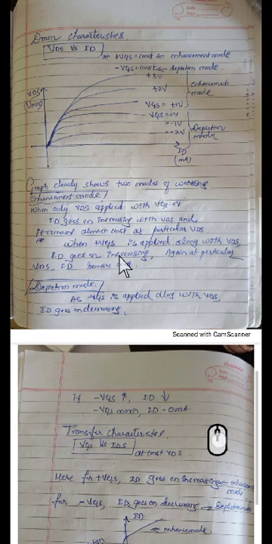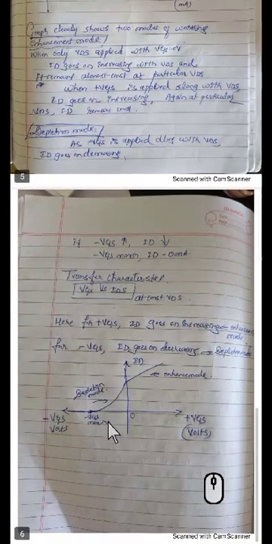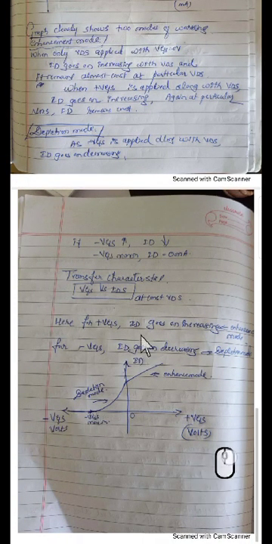Only the voltage is VGS versus ID. Where the current increases with the application of positive VGS, we take it as enhancement mode. Where current decreases, becoming 0 with the application of minus VGS, we call it depletion mode of operation.